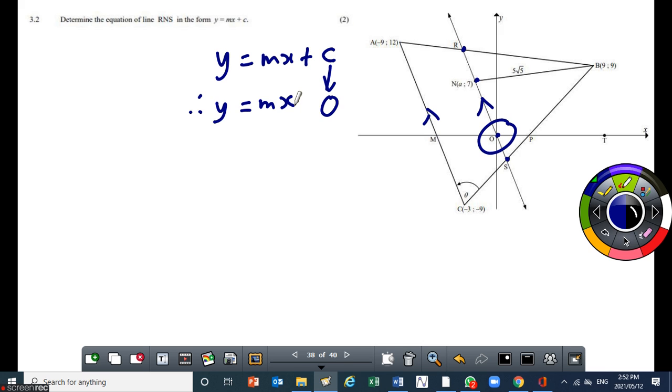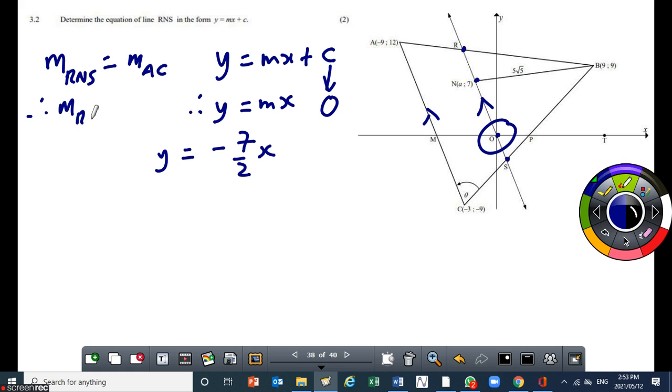It's equal to the gradient of AC. So all we have to do is substitute the gradient here, which means the equation of that line is y equal to minus 7 over 2 x. My suggestion as well is to write that m RNS is equal to m AC. Therefore, m RNS is equal to minus 7 over 2. Then you can write, therefore, the equation is that.